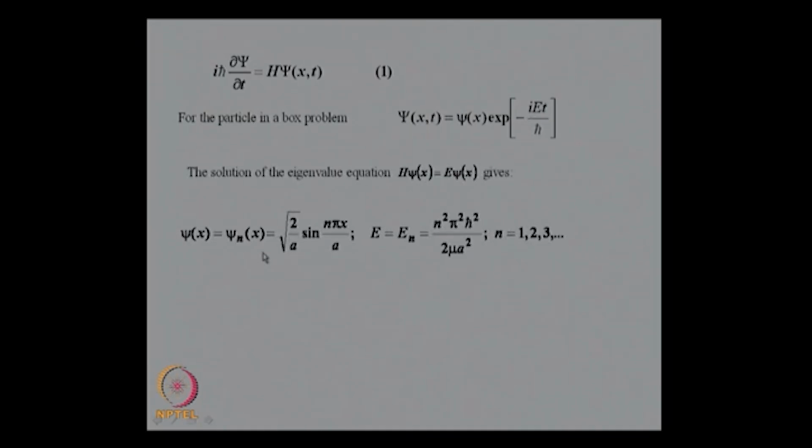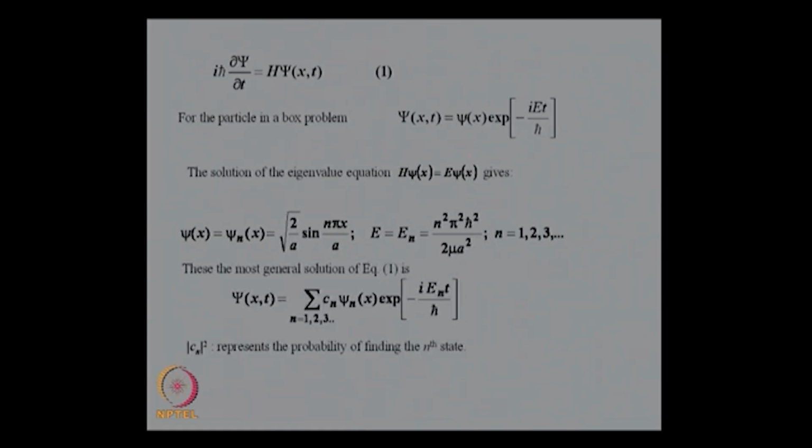We obtained these normalized eigenfunctions, and these are the energy eigenvalues. So, the most general solution is a superposition of these, and mod C n square will represent the probability of finding the particle in the nth state.